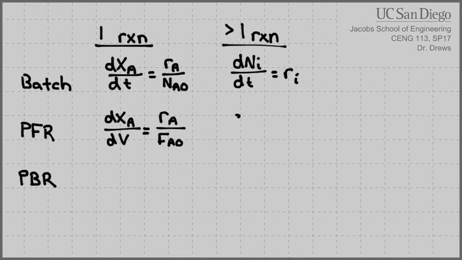And the general form that we just picked up a minute ago is dFi/dV is equal to r sub i.